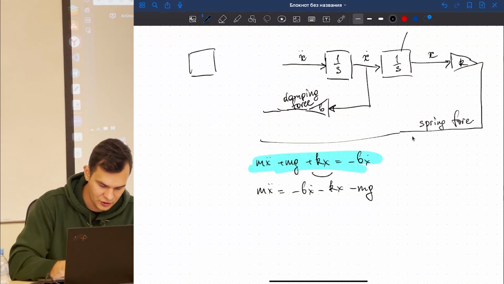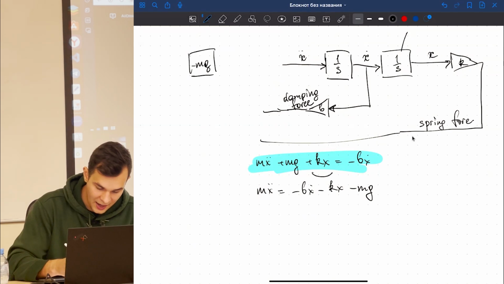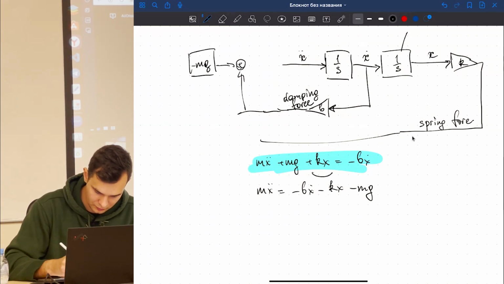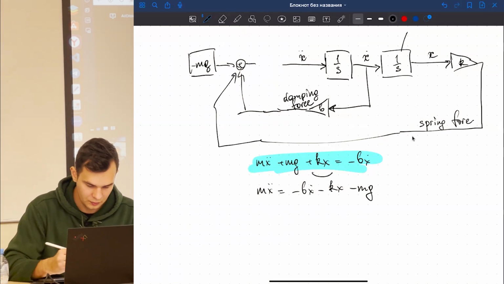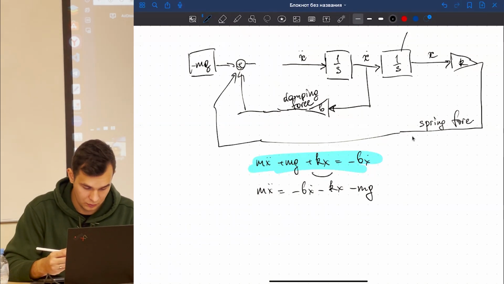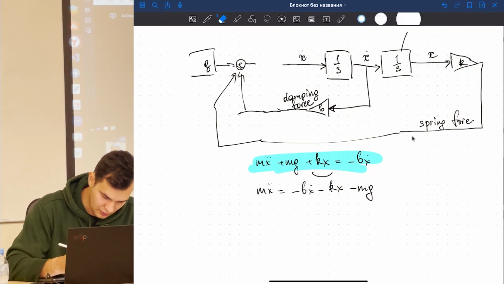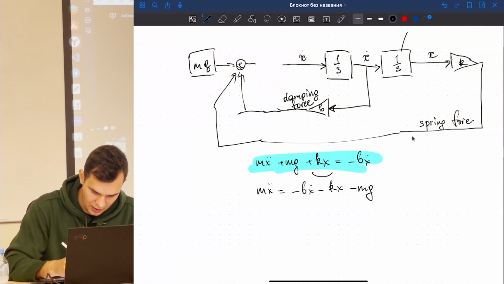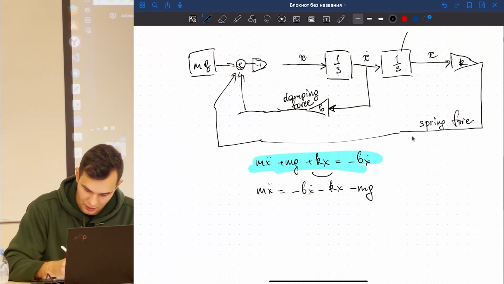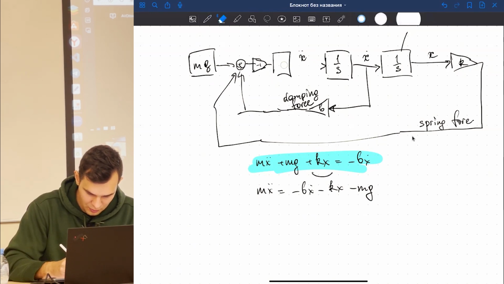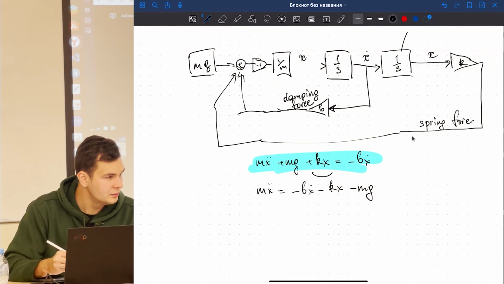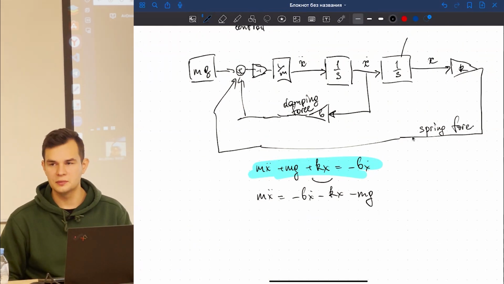It's some kind of coefficient. And now I need to sum everything up. It's better to use m g and multiply it with minus 1. Yes, so m g, and everything here is multiplied with the minus 1. And then we need just to multiply with the 1 over m, and we have a closed system.